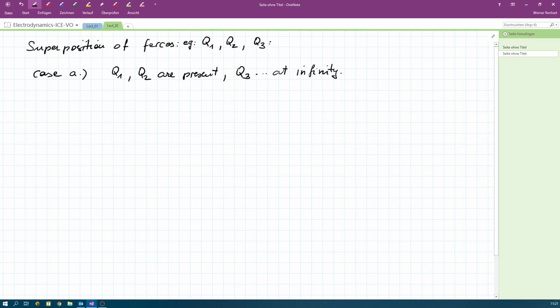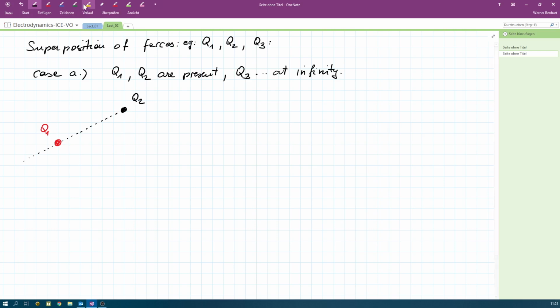We are always examining the forces acting on Q1. Q2 is placed somewhere, let's say at this position. Then we have a line of connection between them, and also the tangent.